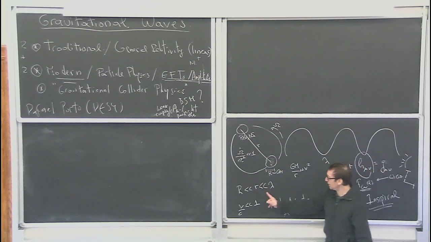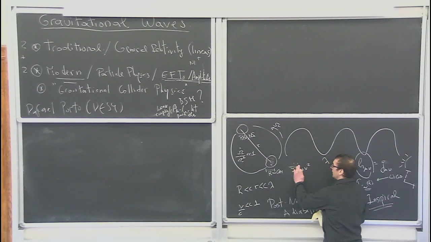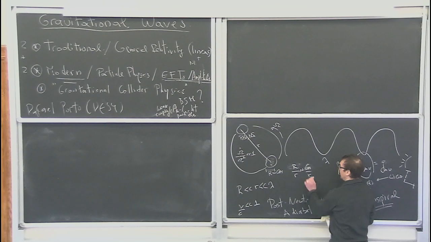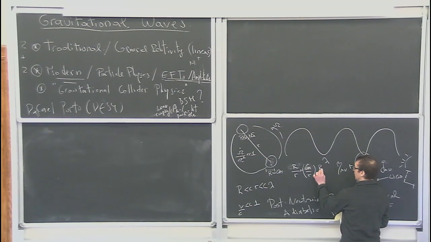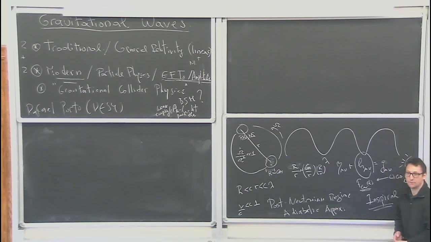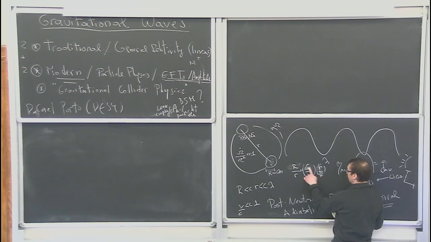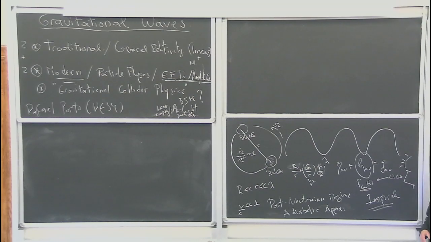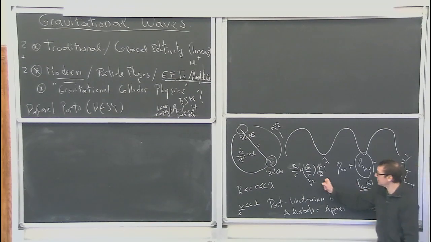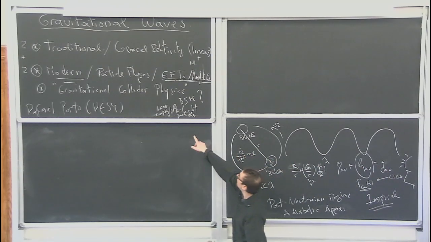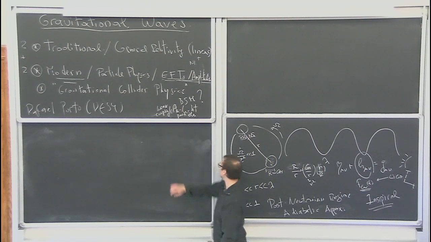So even though you're doing perturbation series in the ratio of scales, what you should be doing is this. So it's GM over r, but then there is another parameter, which is R over r, and you're assuming that this is an order 1 number, and this is v squared. Now you have to be careful about that, and this parameter here will be one of the keys about going beyond this.